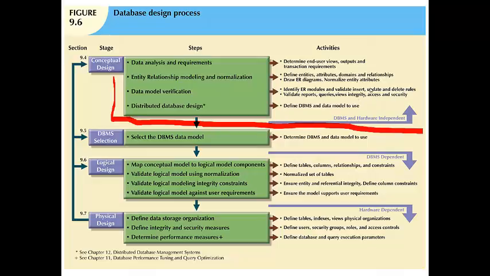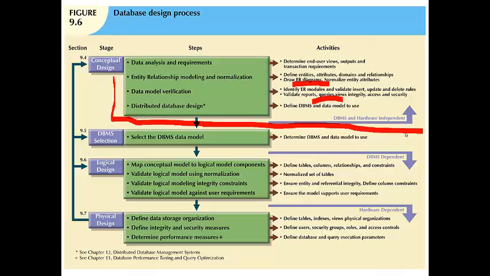You can see that when we get in here, not only are we drawing diagrams, we're also thinking about the reports, what kind of queries we're going to use, and all of those types of ideas. We want to make sure we can say we've solved the problem.